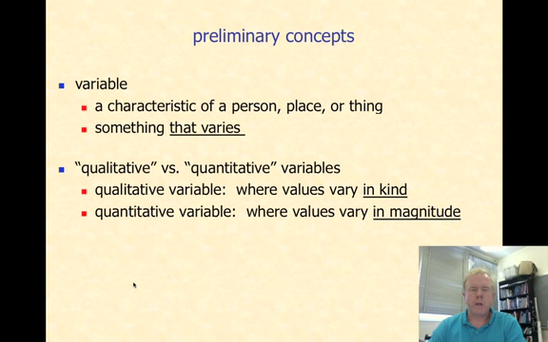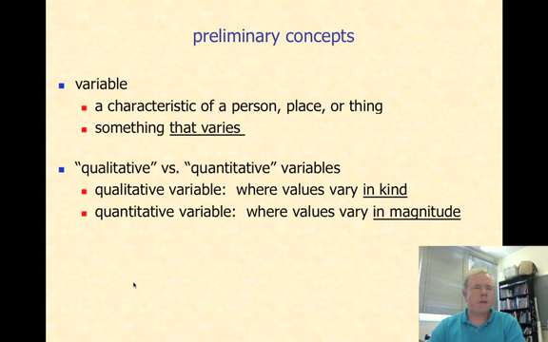Now, quantitative variables, of course, these are things that vary in magnitude. So if we think about all of those kinds of things that can go up and down, it could be temperature, it could be height or weight, any of the things that can vary numerically and have some sort of logical order to their values are quantitative variables.